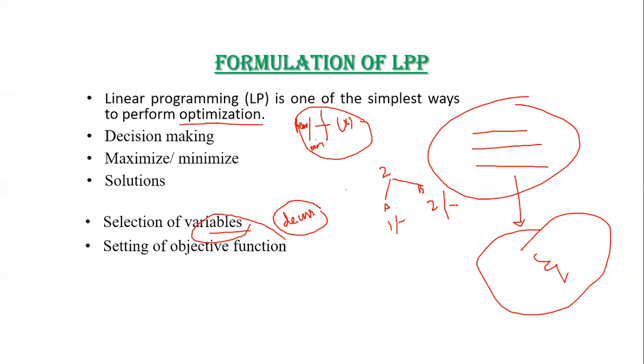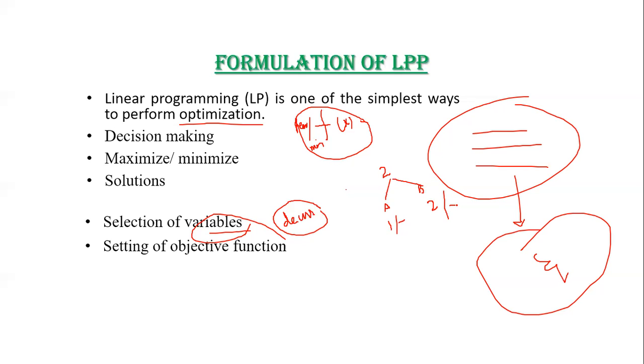If you expect 2 rupees on 1 unit for B, then if you make Y units, the profit will be 2 into Y. In a manufacturing company you have to manufacture both A and B. Together they will give you a profit of X plus 2Y. That is your objective function.